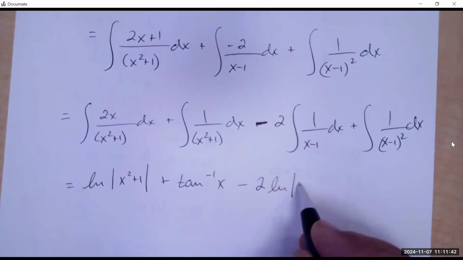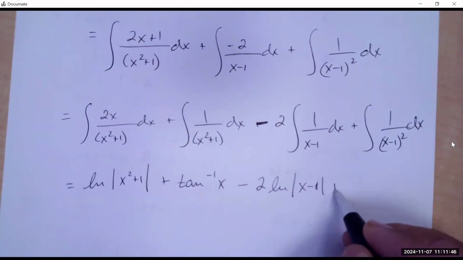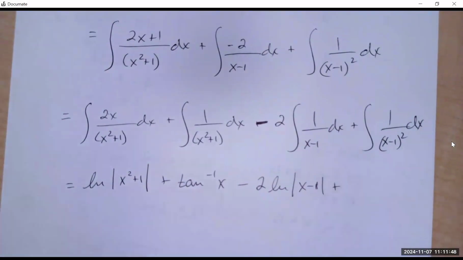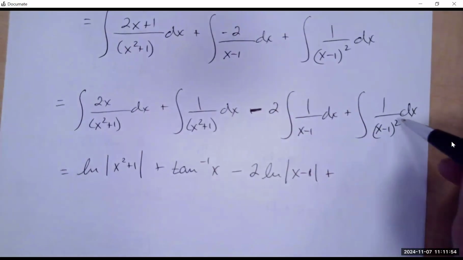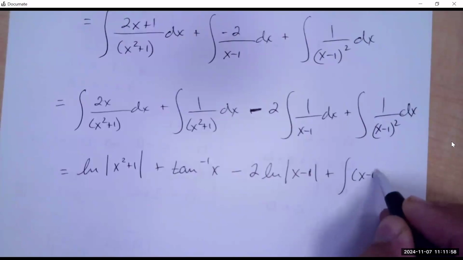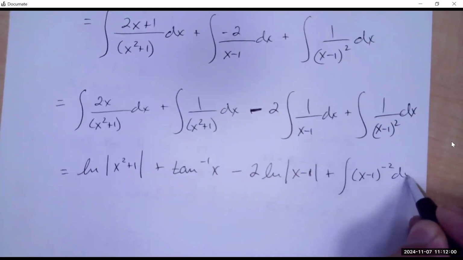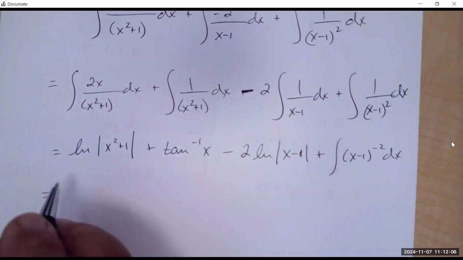Then minus 2 ln of x minus 1, and this integral is x minus 1 to the power negative 2, which we did something similar to earlier.